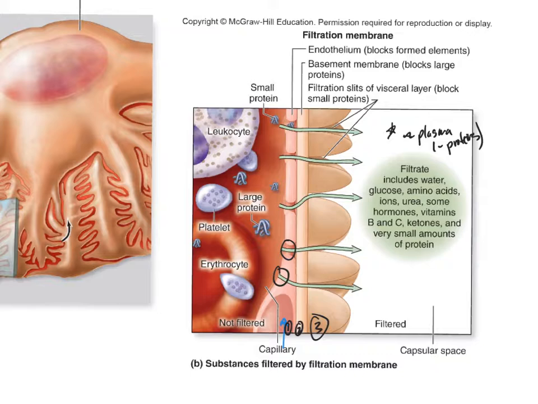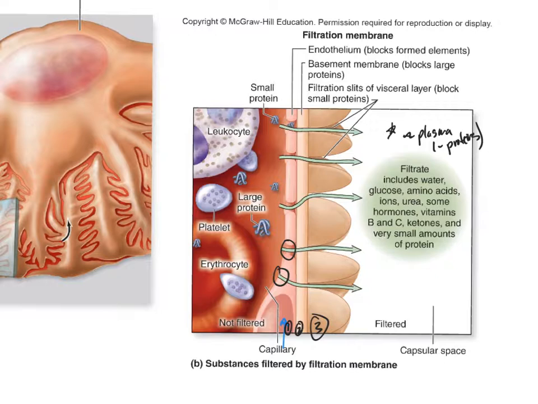Okay? Minus the proteins. Why not most of the proteins? Albumin, fibrinogen, all of those proteins that are present in plasma, they're too big. Okay? You have very small amounts of proteins that get through there. Very, very small proteins can pass through. All right?